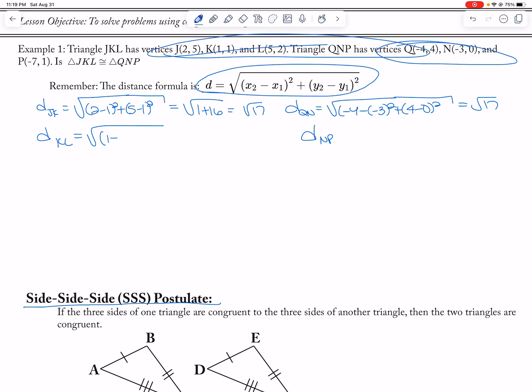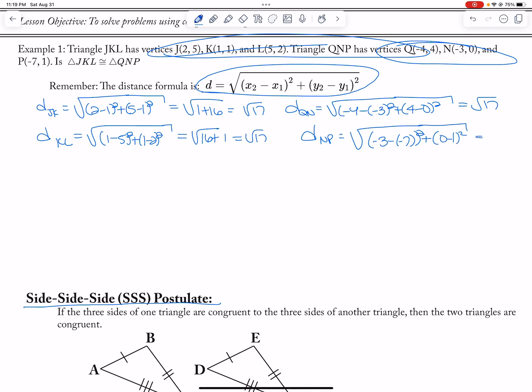So 1 minus 5 squared plus 1 minus 2 squared gives me 16 plus 1, which is root 17. And then here would be -3 minus -7 squared plus 0 minus 1 squared, which also gives me root 17.